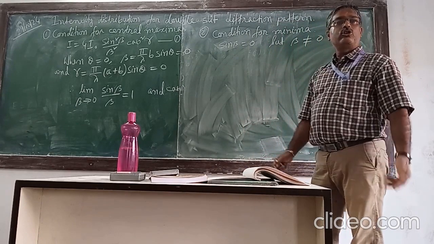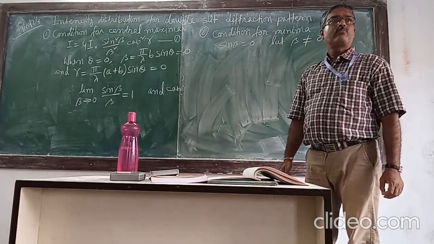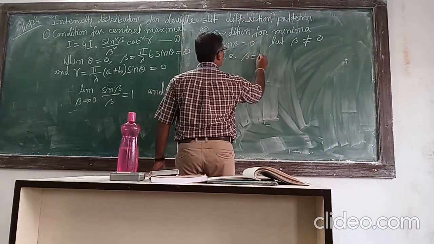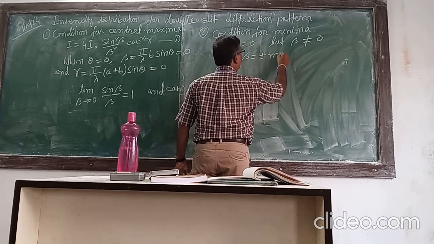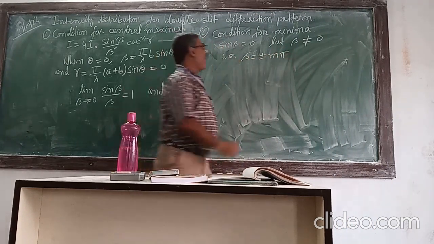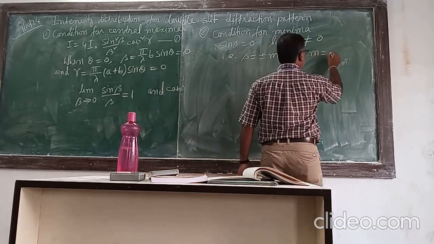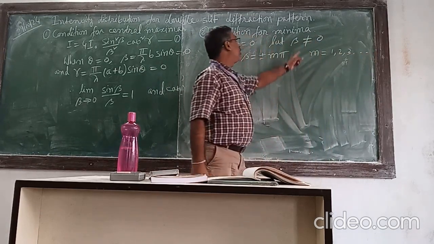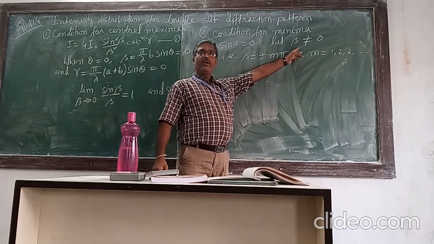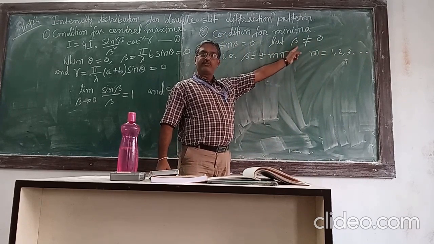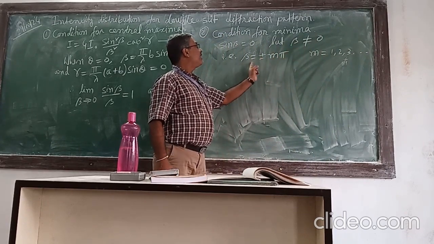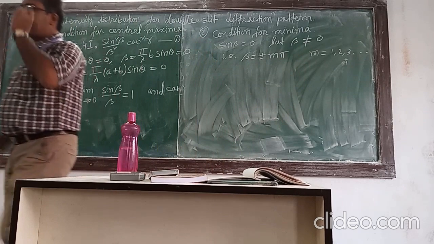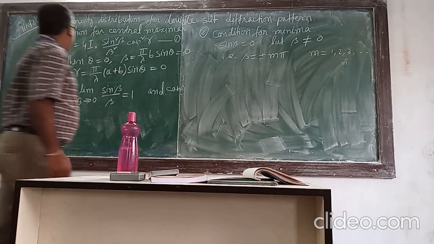If beta equals plus minus m pi, where m is not 0, m equals 1, 2, 3, etc. If m equals 0, then beta becomes 0. What we know beta equals?